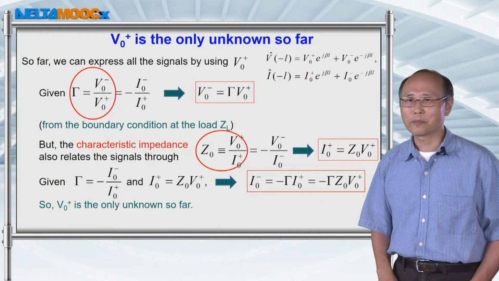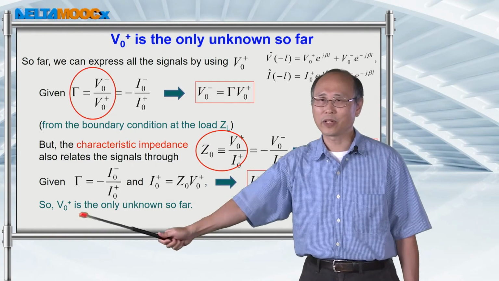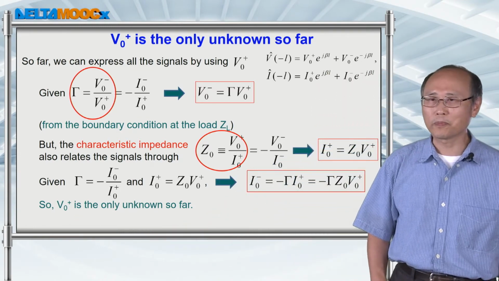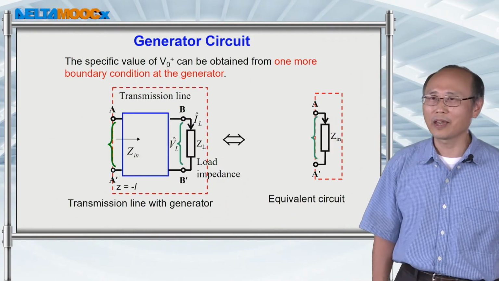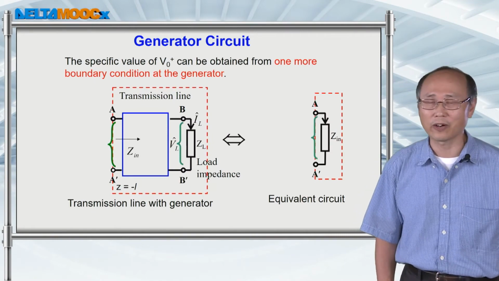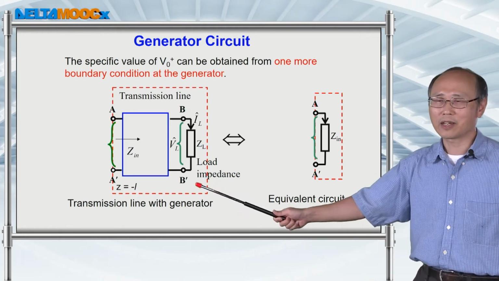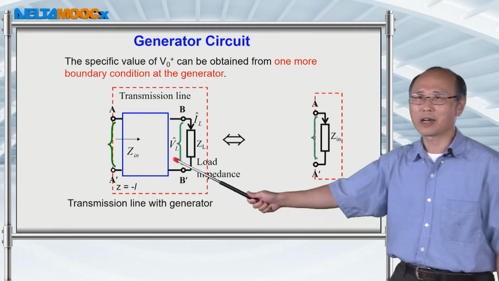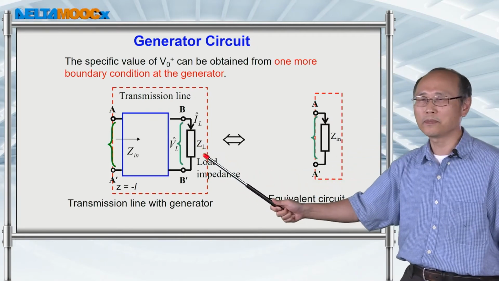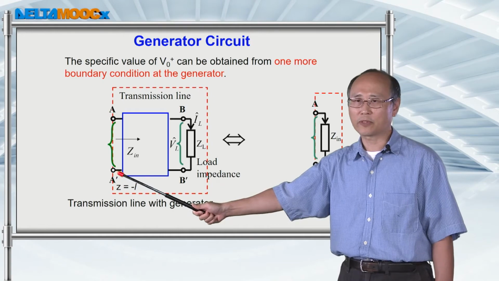The purpose of this session is to find out what V0 plus is, and we need one more boundary condition. This boundary condition is the generator of the circuit. Let's first look at the part we have learned about a transmission line with a load, and the impedance transformation.